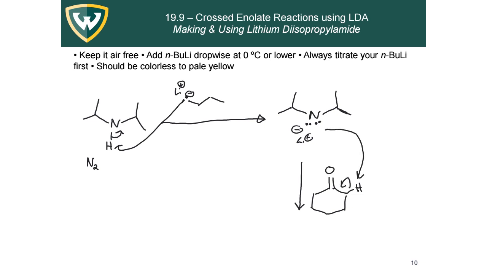And it does so irreversibly because the pKa of a carbonyl, such as cyclohexanone, is about 20, and the pKa of our base's conjugate acid is about 35. So that's a huge difference between the pKa's of the two acids in question, and so it quantitatively forms the desired enolate. As so.